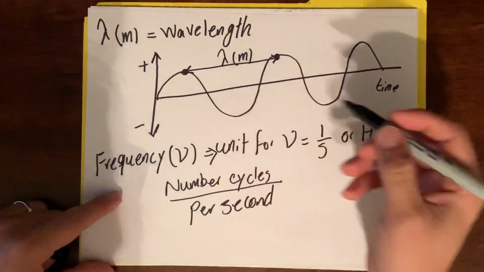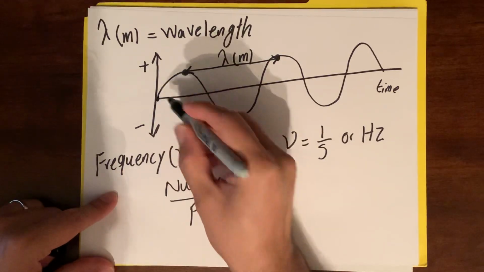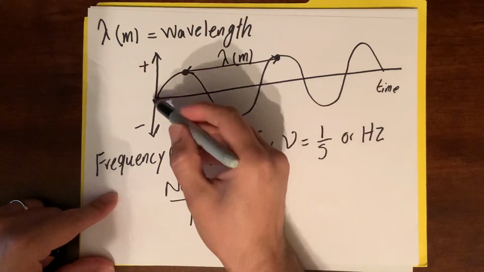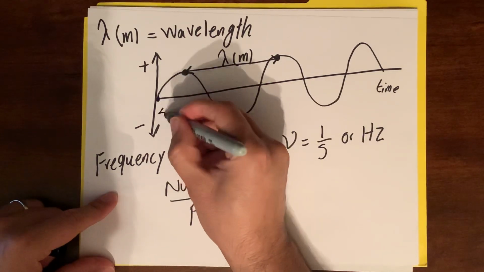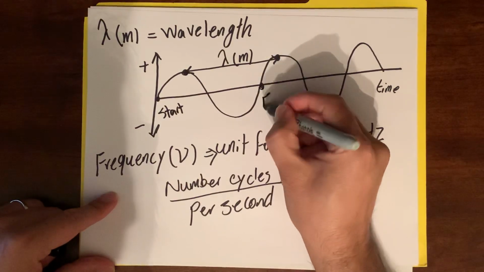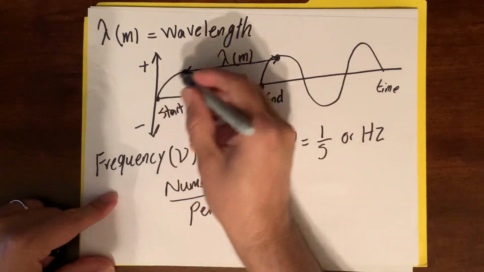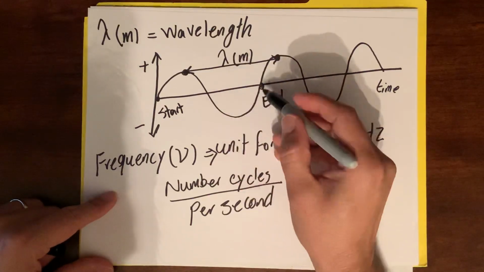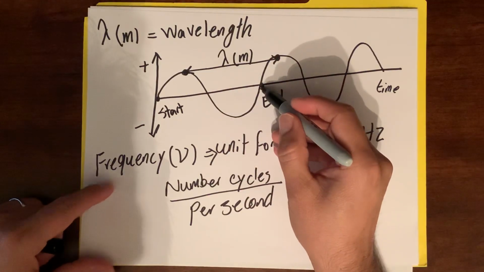In this case, I go here, 1 cycle. So I start from here, that's going to be the start, and the end will be here. This is 1 cycle.